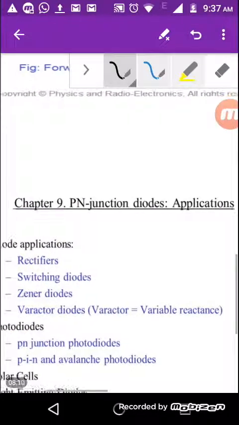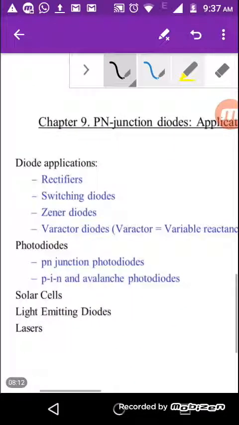Now let us see some of the applications of the diode. The diode applications are rectifiers, switch diodes, and switching circuits used in solar cells, and these diodes are used for conversion of AC to DC, in bridge rectifiers, and in types of filter circuits.